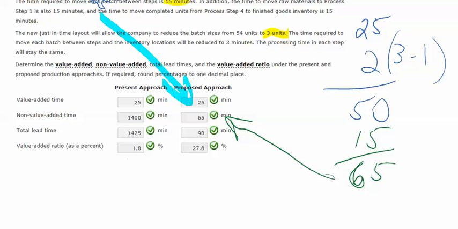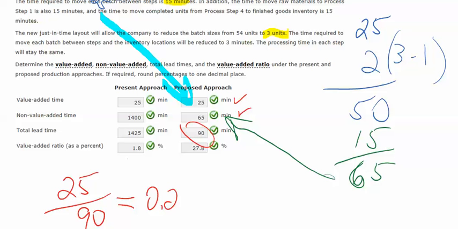My total throughput time, I'm going to add these two numbers together, the 25 and the 65, and that equals 90. My percentage then is going to be 25 minutes of value added divided by 90 minutes of lead time. That equals 0.27777.